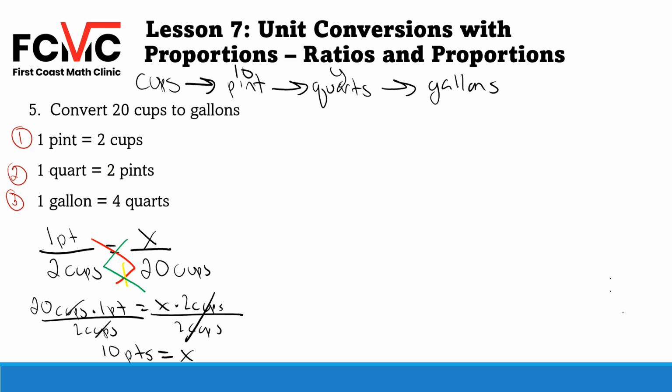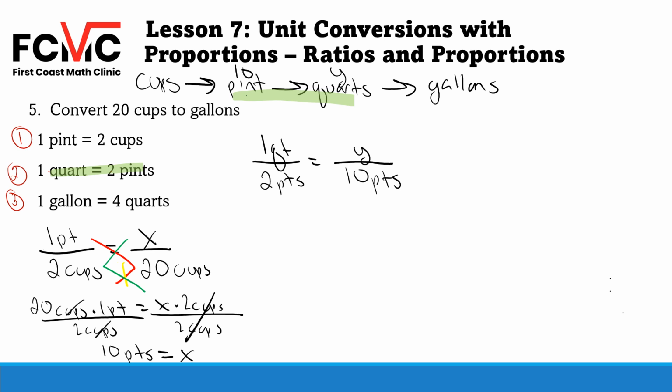And then, so we'll say our quarts is going to be Y. So we'll do pints to quarts now. So 1 quart over 2 pints. And we know that we've got 10 pints, so that 10 is going to be in our denominator, and Y is going to be in our numerator.